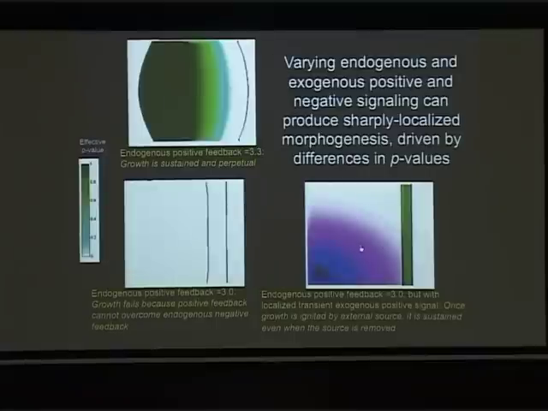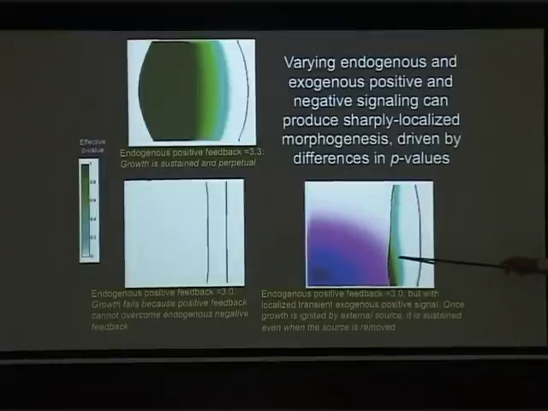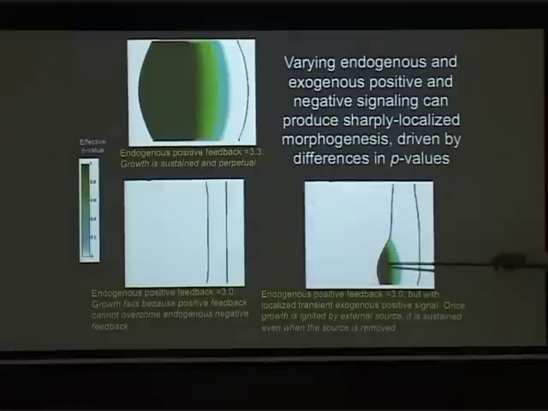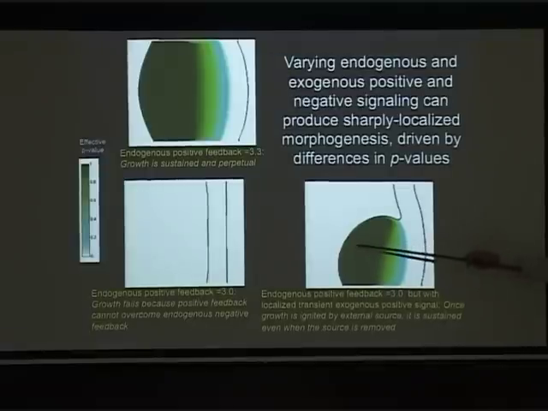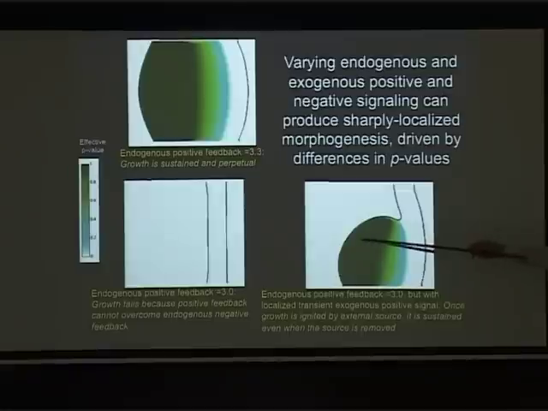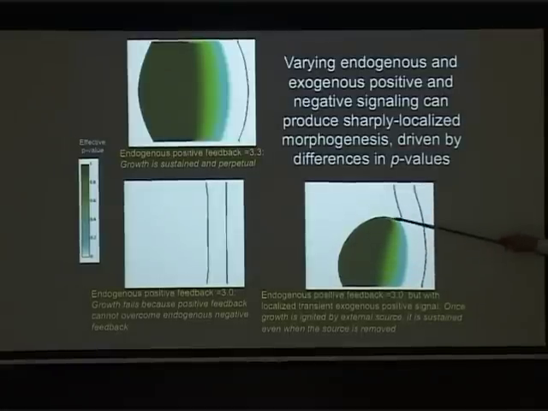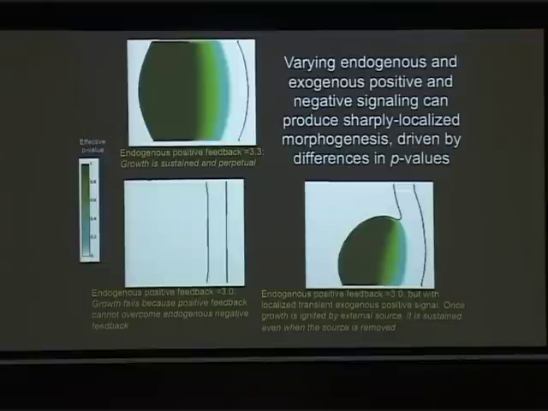And you'll see what happens is the thing starts growing, and then it ignites over here. And then you take away that source, and it doesn't matter, because it's still self-sustaining. Like the psoriasis lesion, it's gotten beyond the point where you have enough stem cells that it will keep itself going. And as a result, you get very characteristic morphogenetic behaviors out of it.